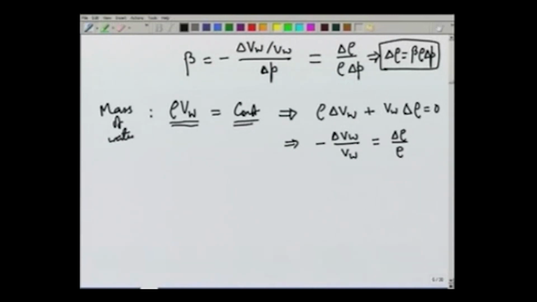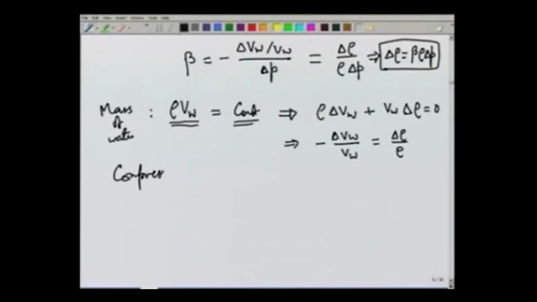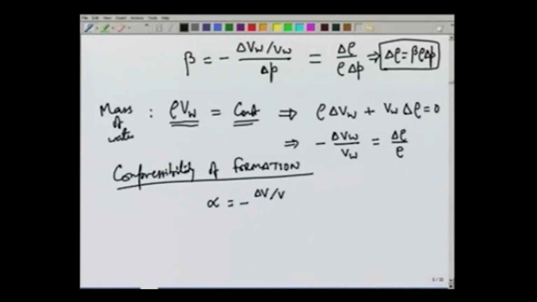The next thing which we look at is compressibility of the formation or the aquifer material. So, we define the formation compressibility or aquifer compressibility and use a symbol alpha. In the same way as we did for water, we have alpha equal to minus delta V over V divided by delta P, where V now denotes the volume of the formation or the aquifer.